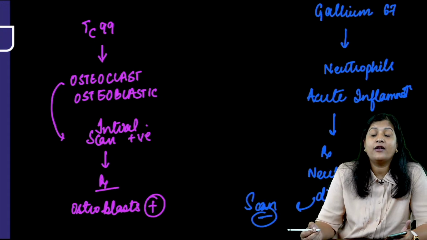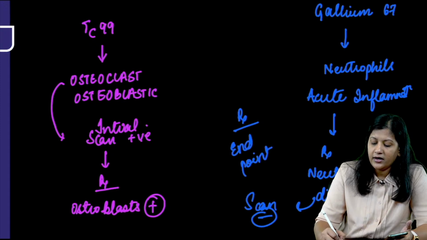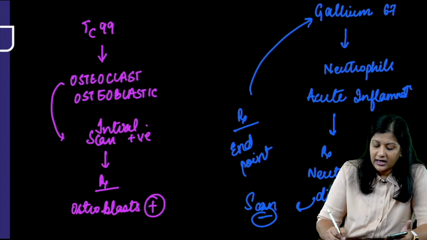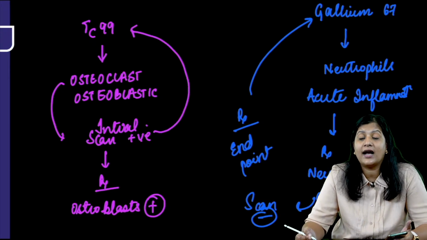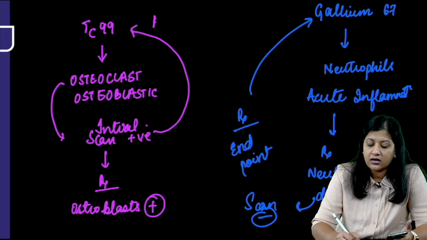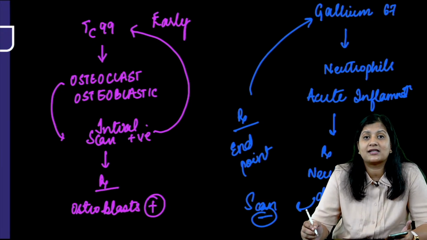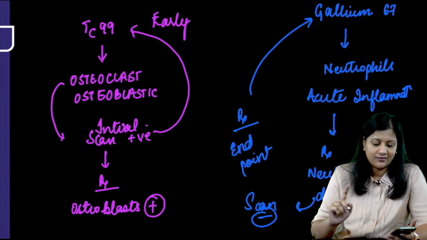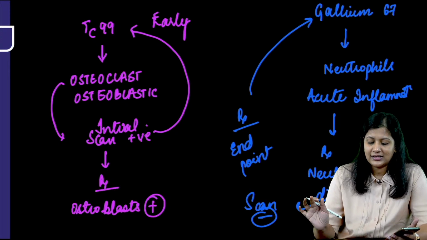So this scan will help us to understand the treatment endpoint. So to understand treatment endpoint, the answer is gallium-67. But to understand initial investigation of choice, to understand early diagnosis or early involvement in malignant otitis externa, you are going to do a technetium-99 scan. Very good. So I am sure that all of you understood this.